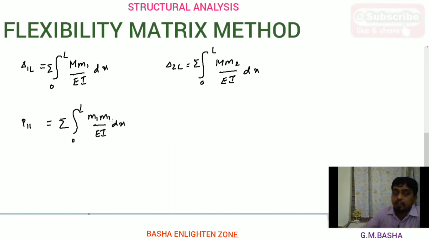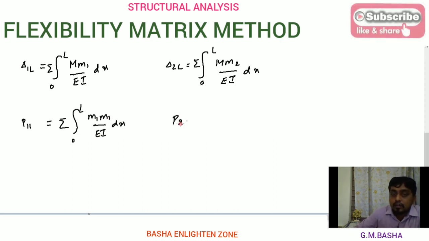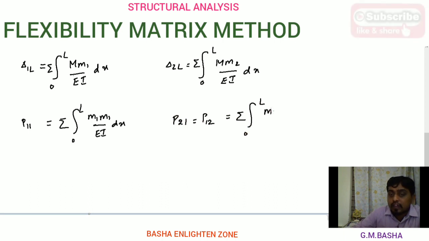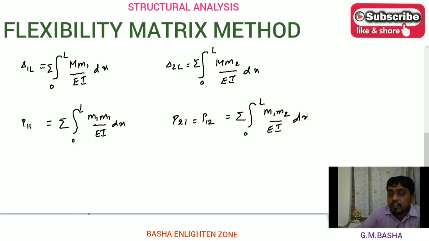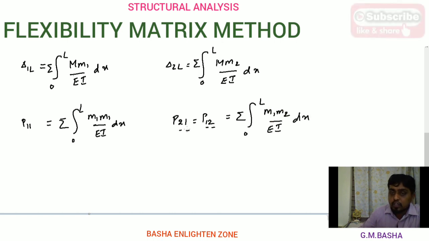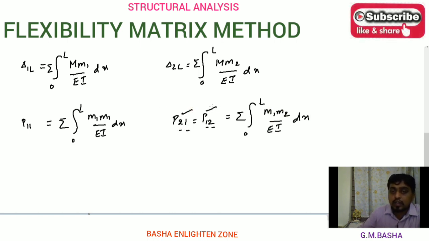Again, this P21 equals P12, which will be equal to integral 0 to L m1 m2 by EI into dx. While talking about P12 it is m1 m2, while talking about P21 it is m2 m1. If you simplify either P21 or P12, you will get the same value.